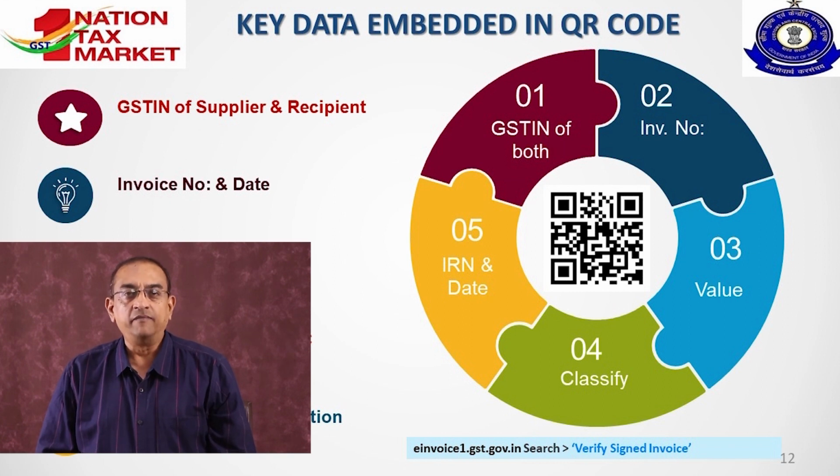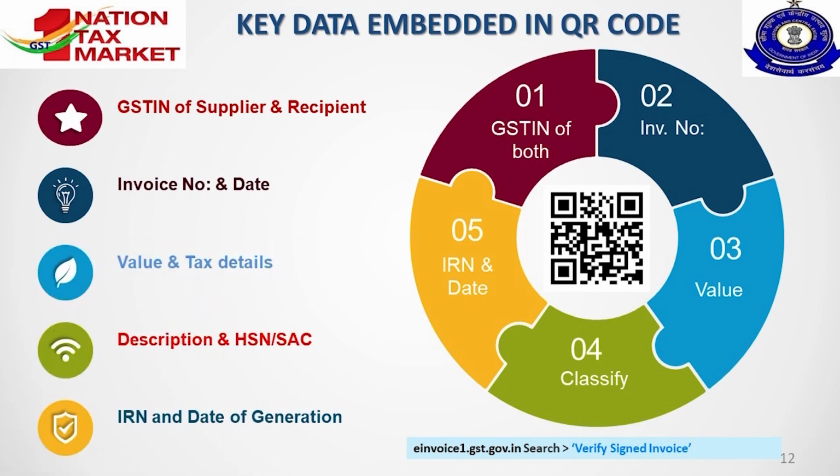The QR code will have important information like the GSTN number of the supplier, GSTN number of the recipient, the tax invoice number, date, tax invoice reference number, the value of the transaction, the tax details, the description along with the harmonized system of nomenclature code or the services accounting code in case of supply of services, and also it will contain the 64-digit invoice reference number with the date of generation.